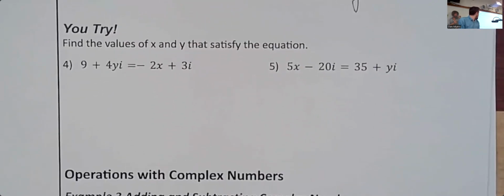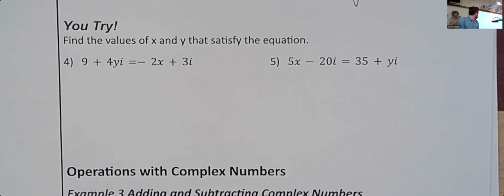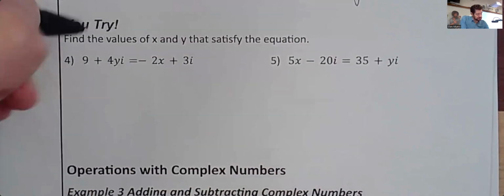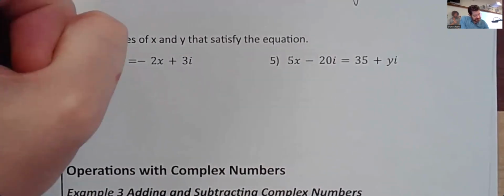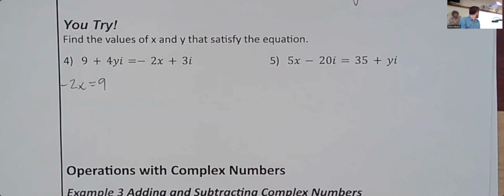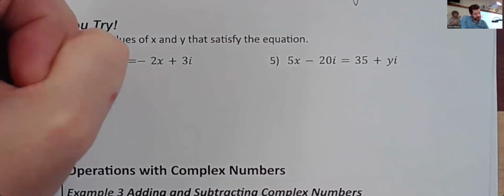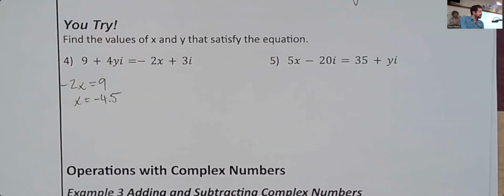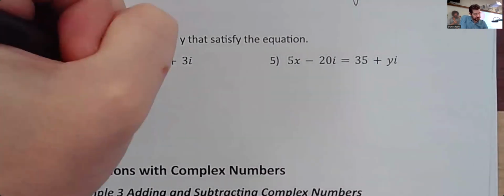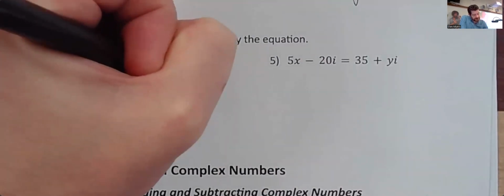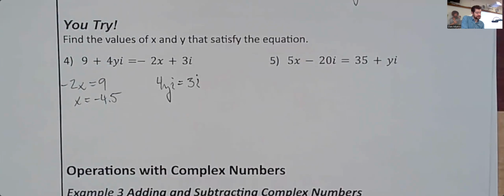9 plus 4yi equals -2x plus 3i. So take your real number parts, -2x and 9, write an equation. So -2x equals 9. Divide by -2, what do you get? -4.5, yeah, -4.5. Set your imaginary parts equal to each other. 4yi equals 3i. What are we dividing by here?